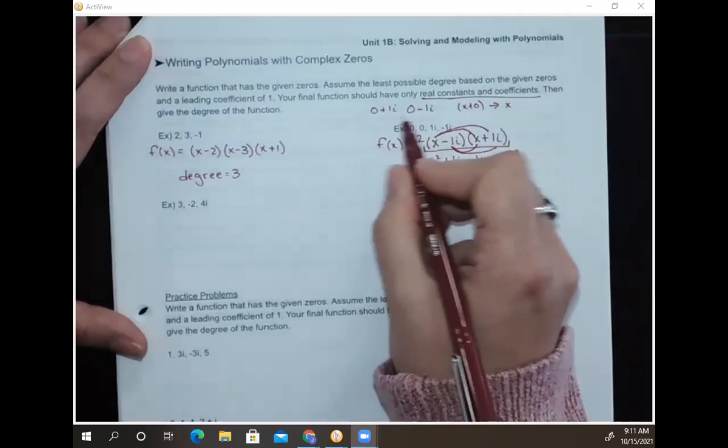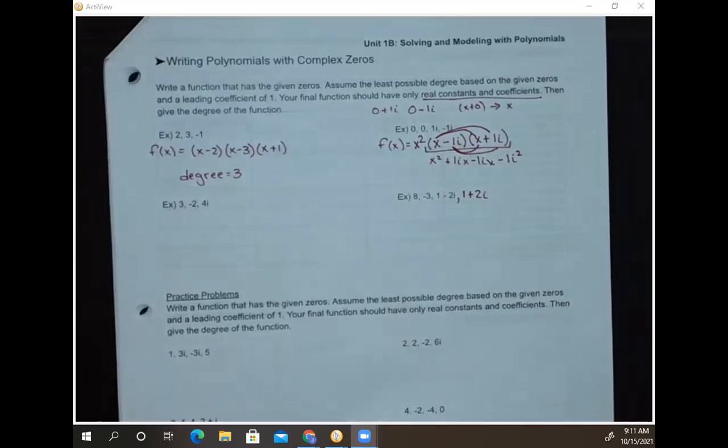There's a reason why my imaginary numbers are always going to come in these pairs, these opposite sign pairs. And you looked at that a little bit yesterday when you were simplifying square roots. We know when we simplify a root, it's always going to be plus or minus when I take a square root. So if I took the square root of -4, it would be plus or minus 2i as my solution.